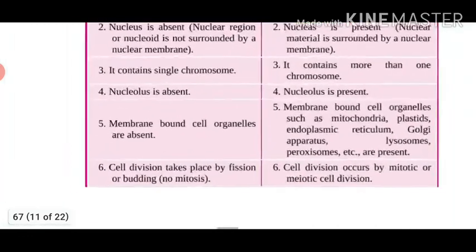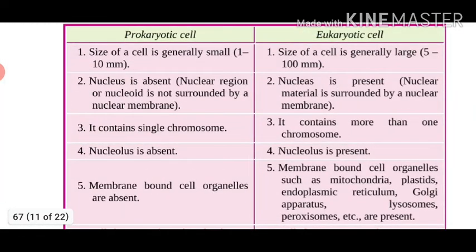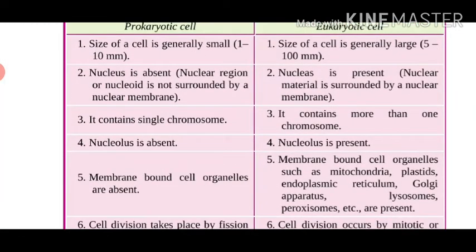Here you can see the difference between a prokaryotic cell and a eukaryotic cell. The size of a prokaryotic cell is generally small, 1 to 10 micrometers, whereas a eukaryotic cell is larger, 5 to 100 micrometers. Nucleus is absent in the prokaryotic cell, whereas it is present in the eukaryotic cell. It contains a single chromosome, while the eukaryotic cell contains more than one chromosome.